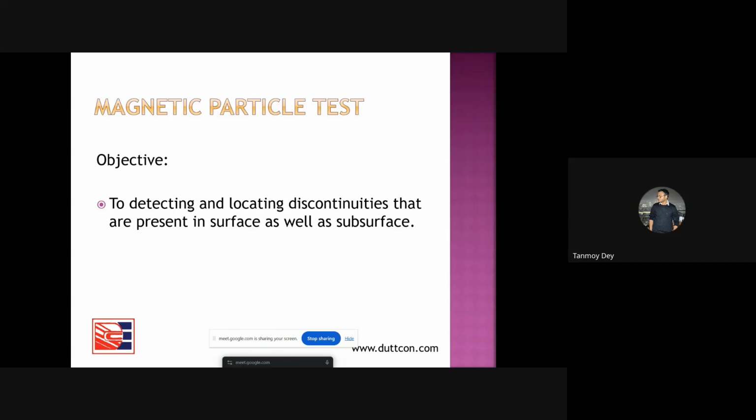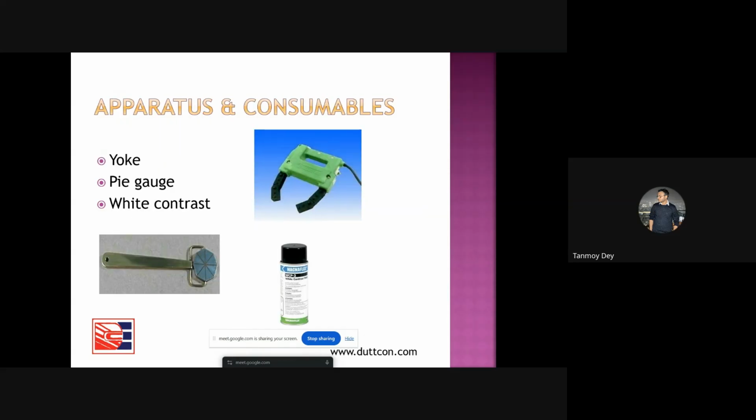This is only applicable for ferrous material. This is a yoke. A huge current is passed through it and it is converted into an electromagnet. This electromagnet is touched on the object under test, on which iron particles with kerosene are sprinkled.